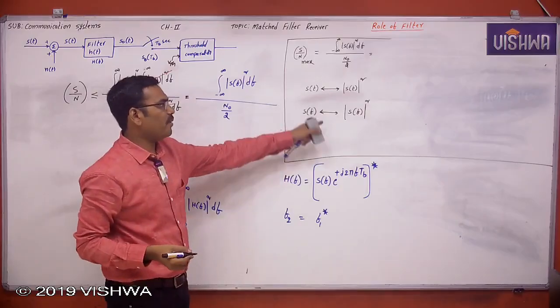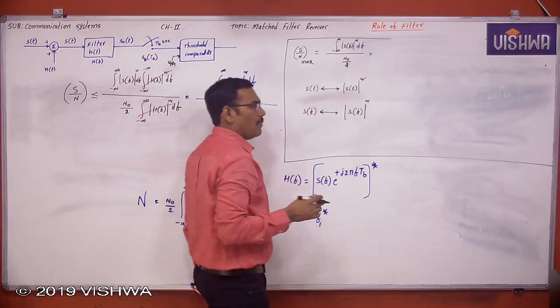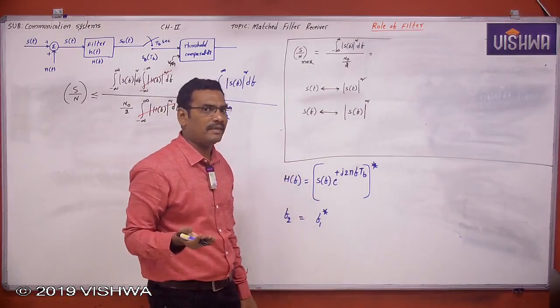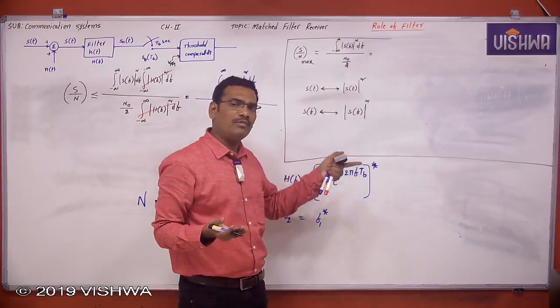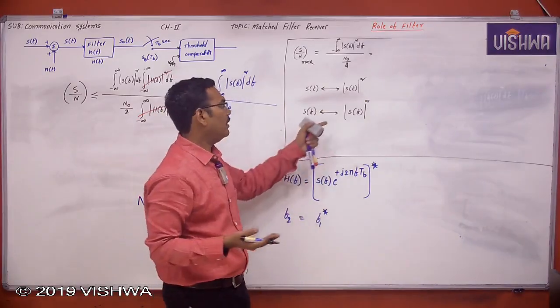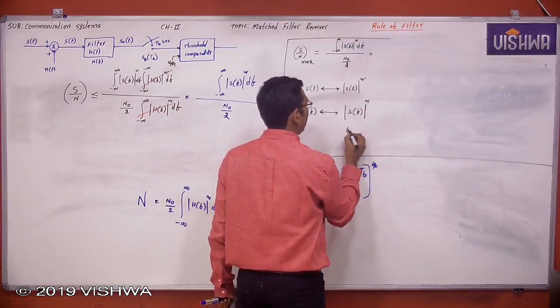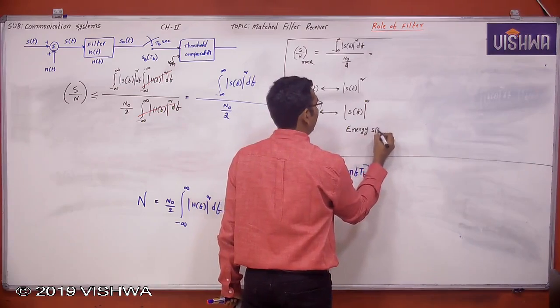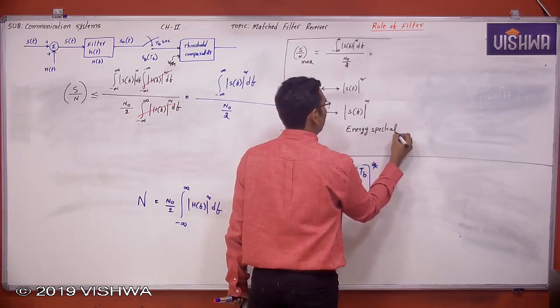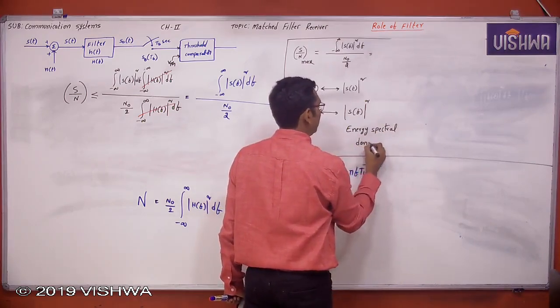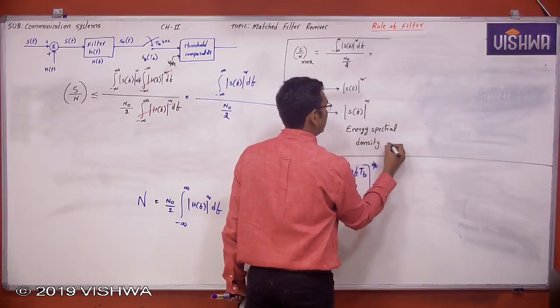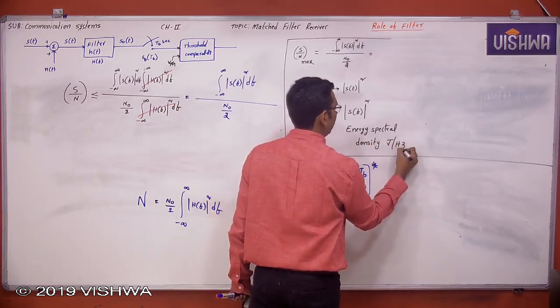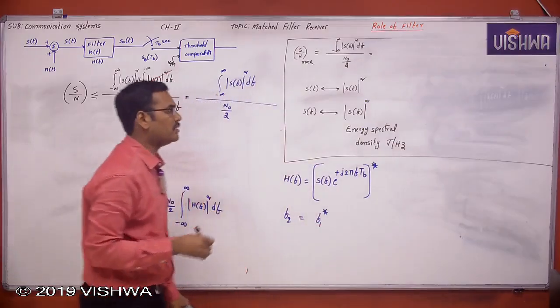That is energy in the time domain, this is energy in the frequency domain. Power versus frequency is power spectral density, magnitude versus frequency is magnitude spectrum, and energy versus frequency is the energy spectral density, with units of joules per hertz. Spectrum means frequency, energy means joules.